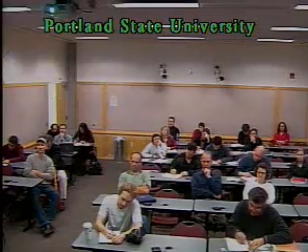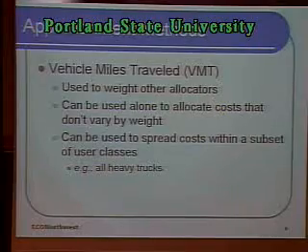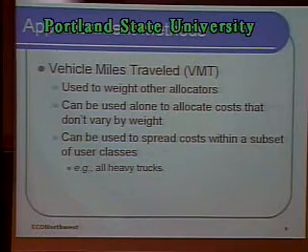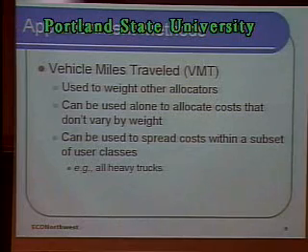And then there's vehicle miles traveled, the most popular apportionment method around. Vehicle miles traveled can be used alone to allocate costs that don't vary by weight. So each user gets an equal share of the cost that you're allocating for every mile they travel on the system.